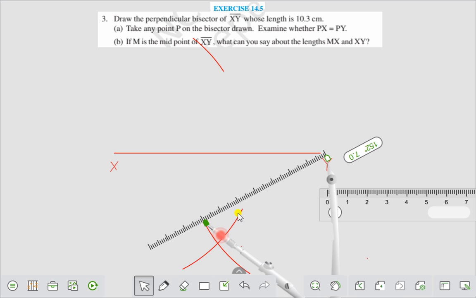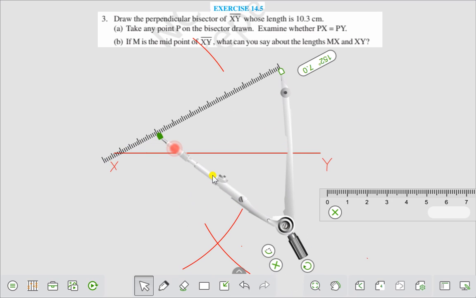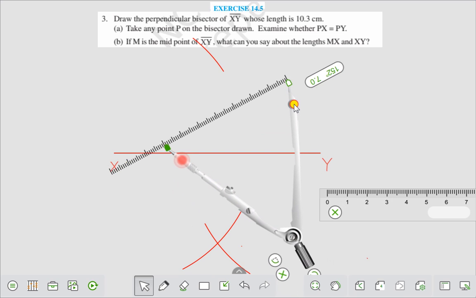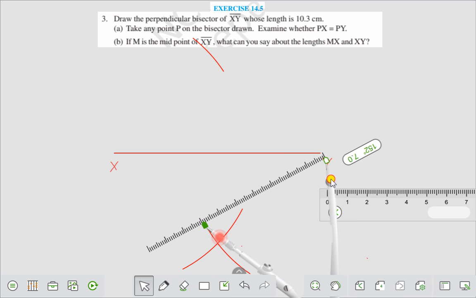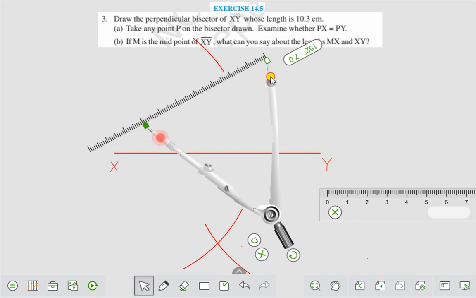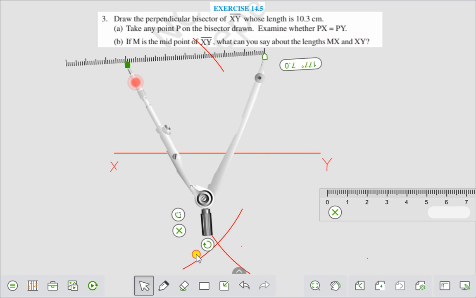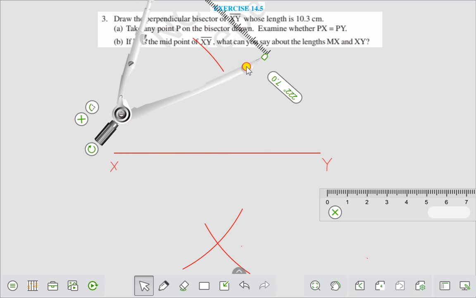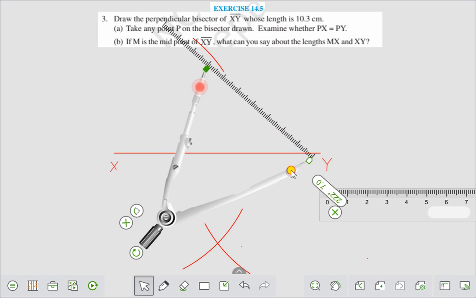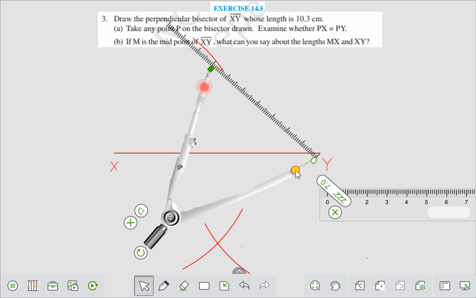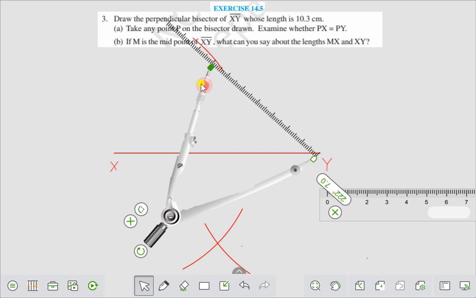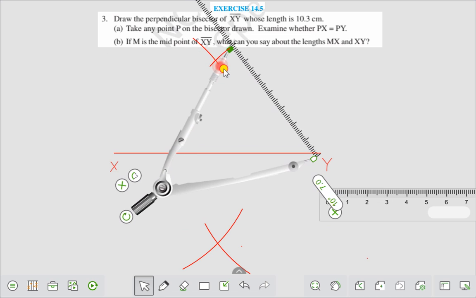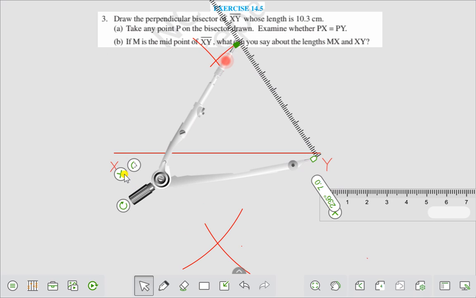Again, take the pointer at Y at this point and take another curve here. Right?